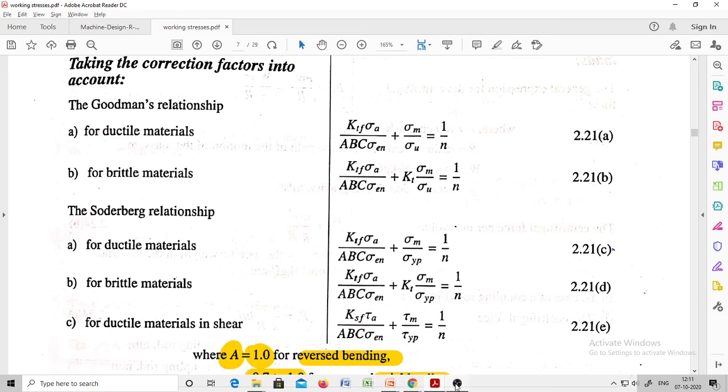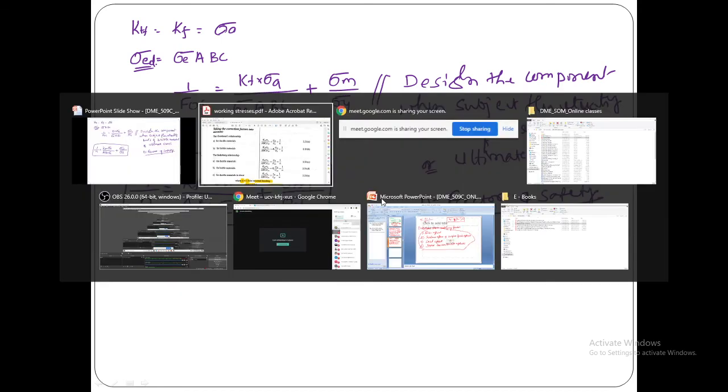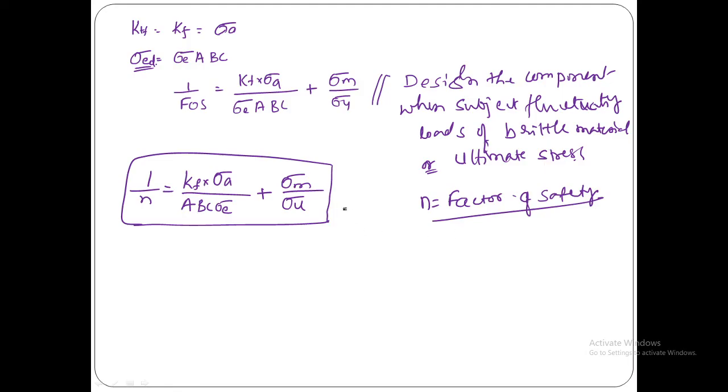So instead of FOS they have gone for the n notation here, where n is the factor of safety. It is equation number 2.21a from your design data handbook.